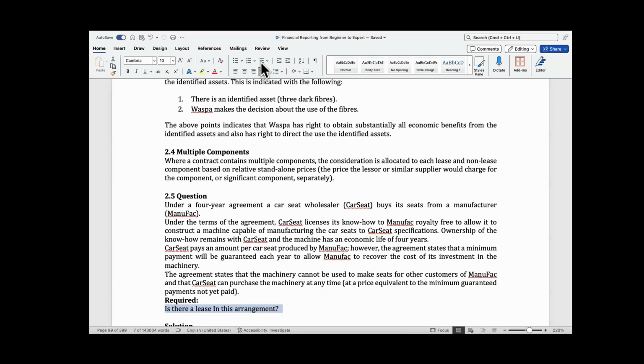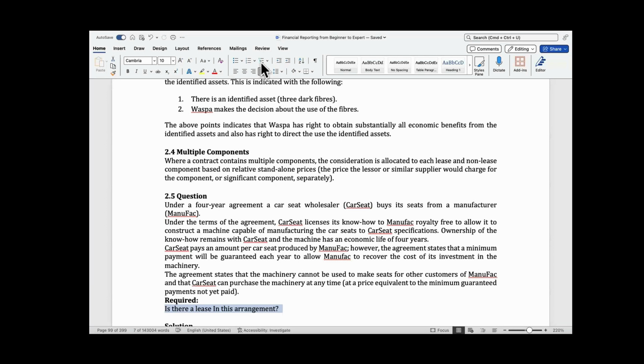So control, as you have said, what do I mean? It does not direct the use of the asset. It cannot use it to manufacture for any other company. So it doesn't have control of it. So that's my own opinion. Who doesn't have control? The Manufac.